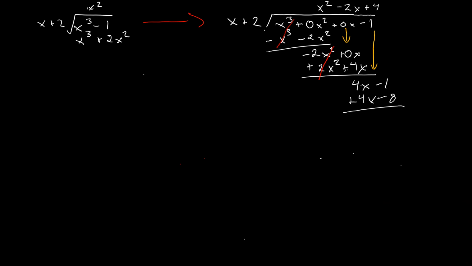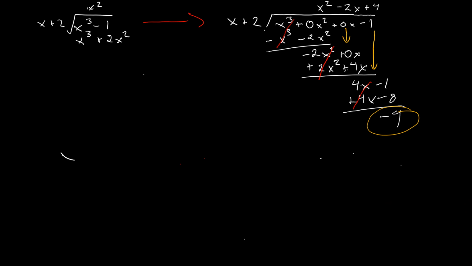And when we subtract this, we are left with a negative 9. Now, when we divide something by something else and are left with a value at the end, we call that a remainder. So the negative 9 is a remainder.